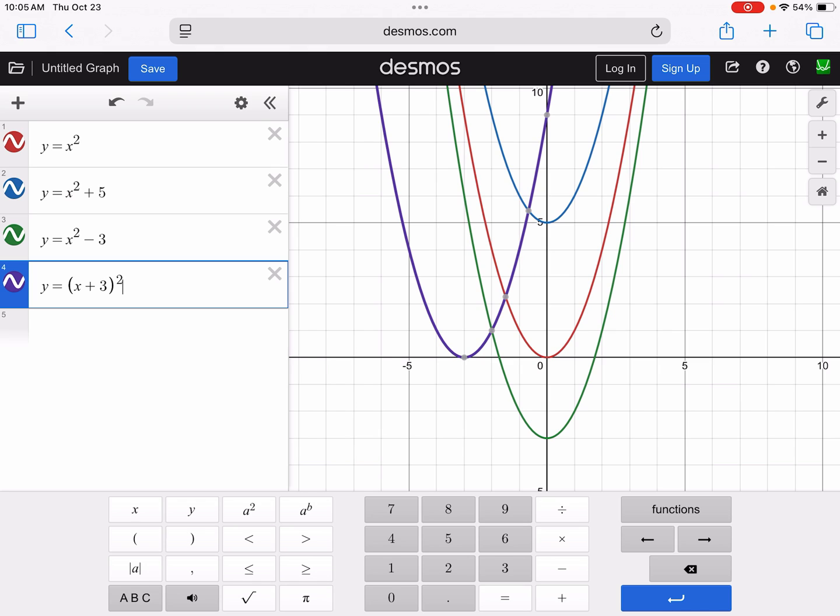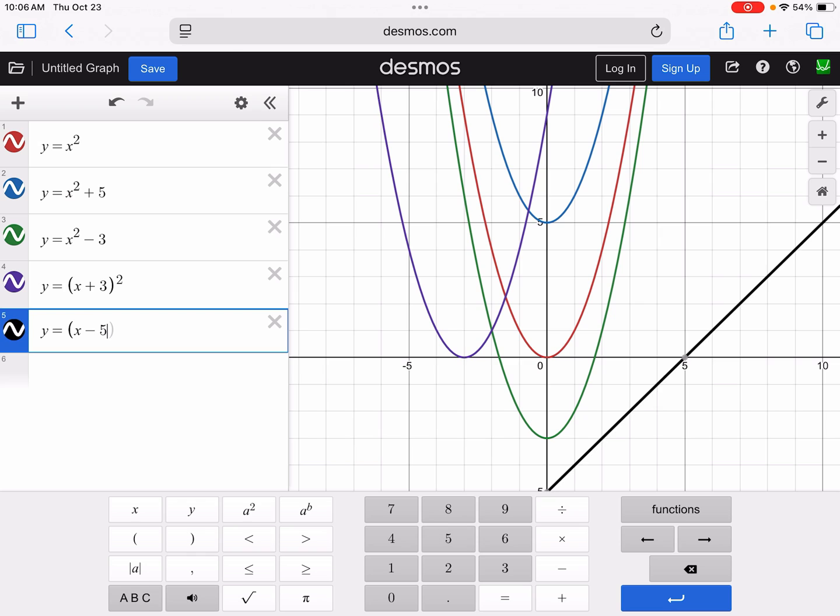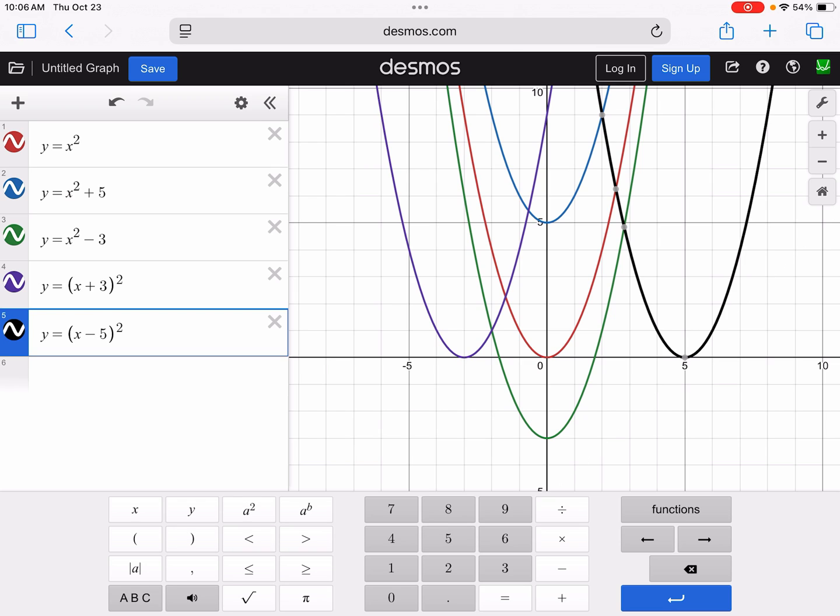In a similar way, if we replace x of a function by x minus some number, let me take 5, so x minus 5, then what happens to the graph? This is the graph for a basic function. This graph is shifted to the right by 1, 2, 3, 4, 5 units.